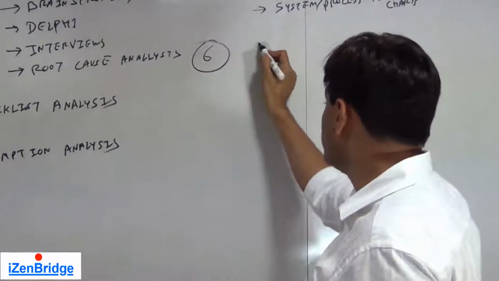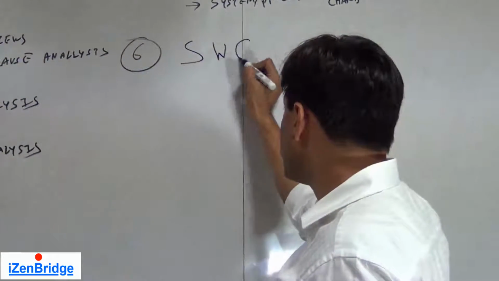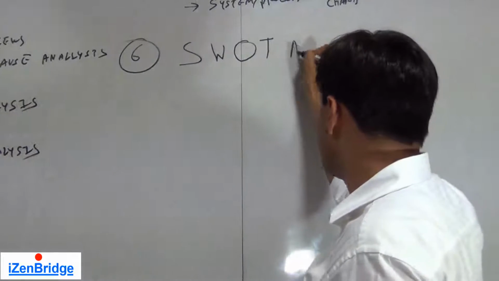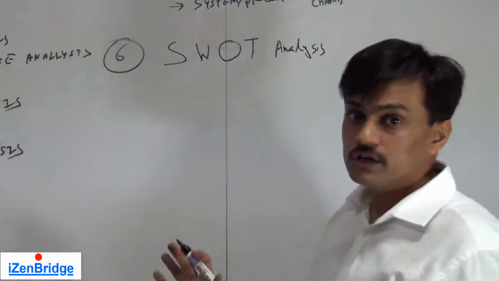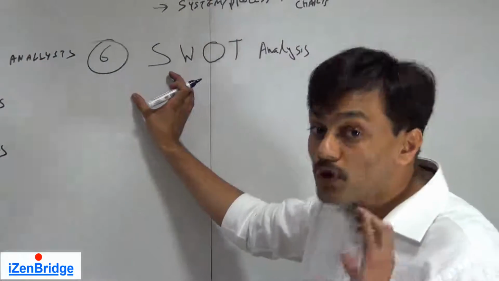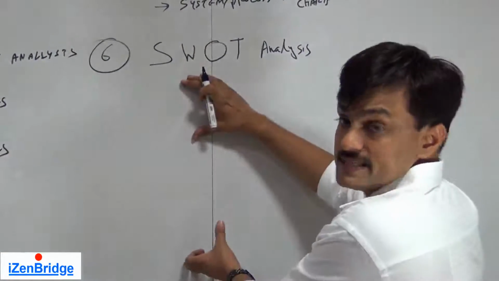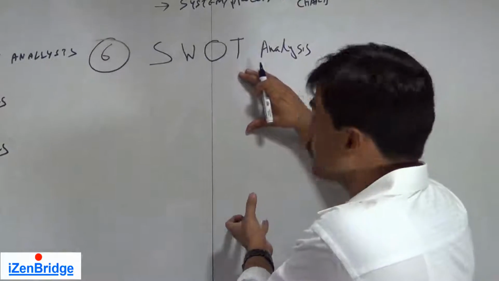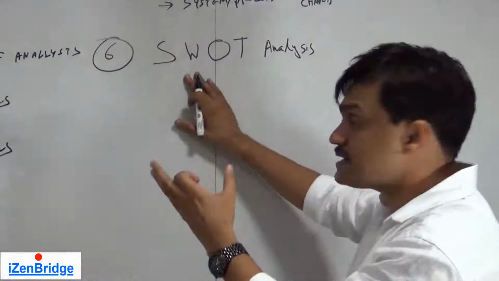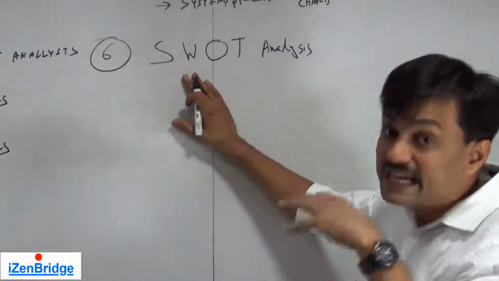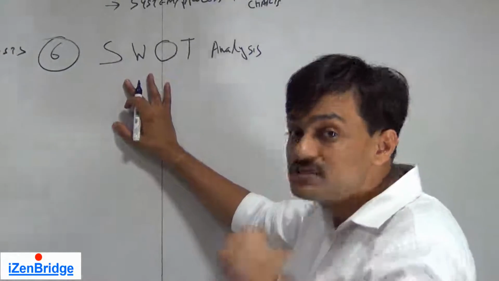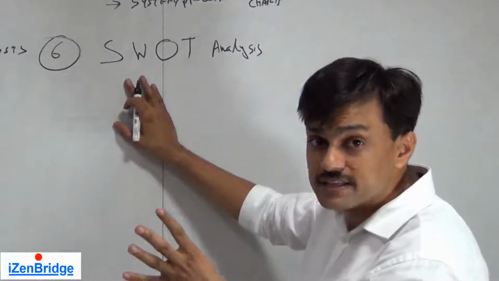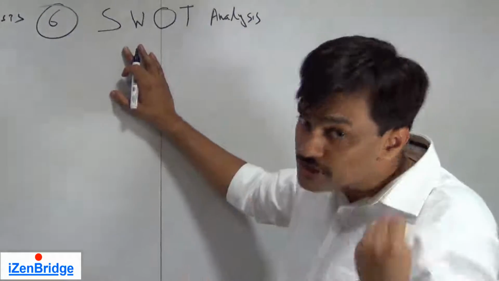Another technique which you can use is strength, weakness, opportunity, threat analysis. In SWOT, you try to identify a project's strengths, weaknesses, opportunities and threats. Threats and weaknesses will go towards negative risk. Strengths and opportunities may go towards positive risk. If you have some strengths, you may want to exploit them further.